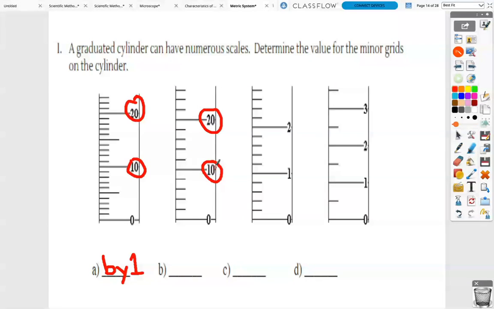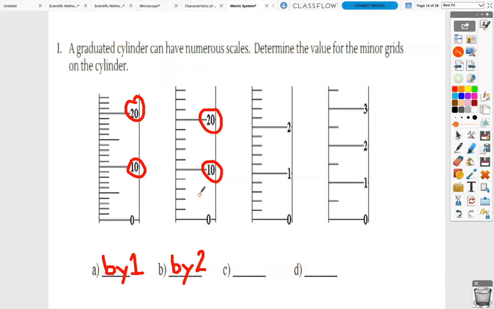So if you count with me, I'm going to go 10, 12, 14, 16, 18, 20. So that lets us know that each of those lines there is going by 2. So we are counting by 2s there. So as you're going through, you're counting by 2s.